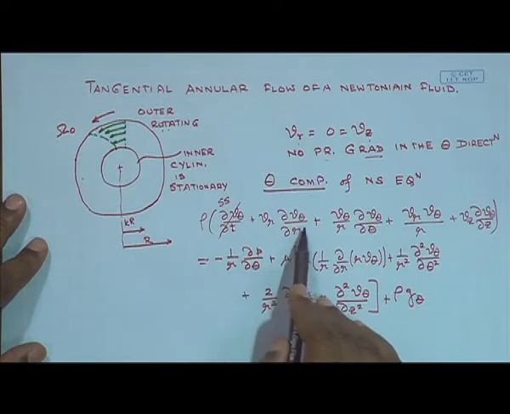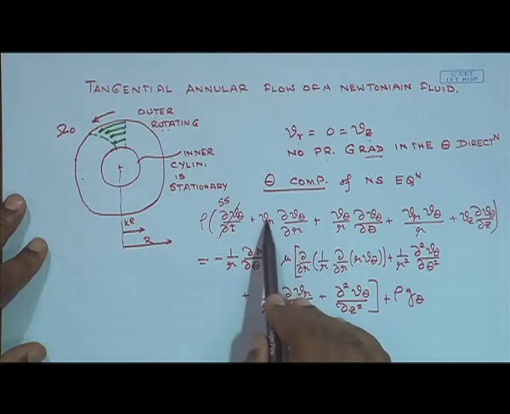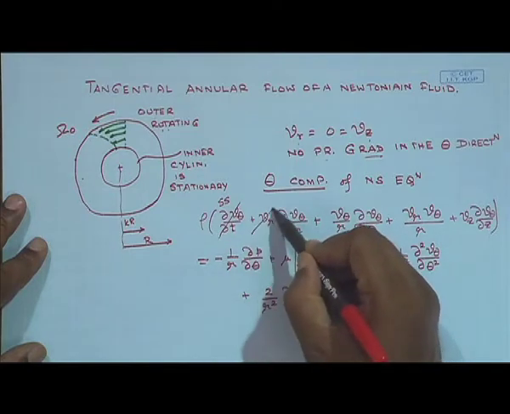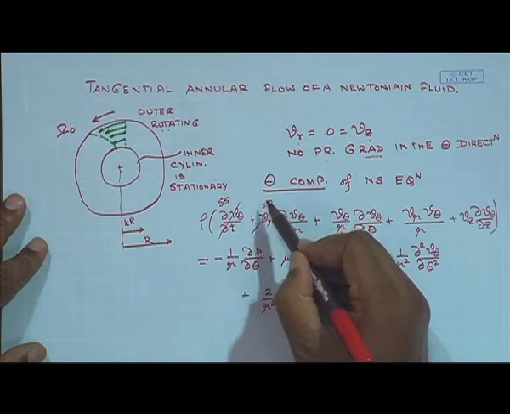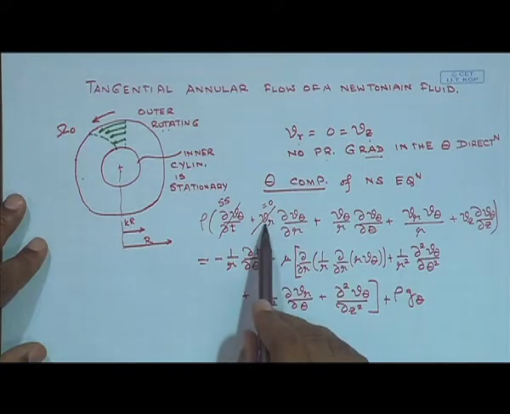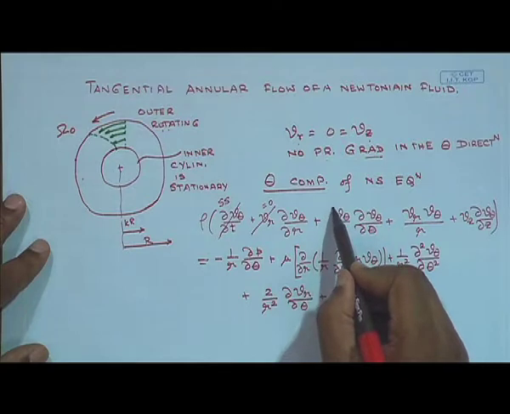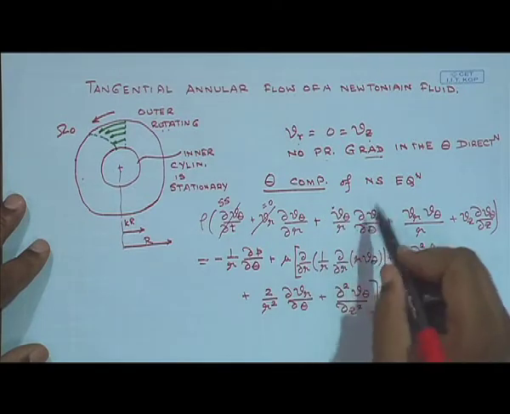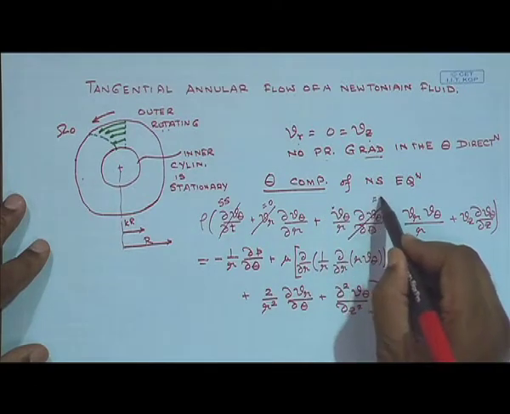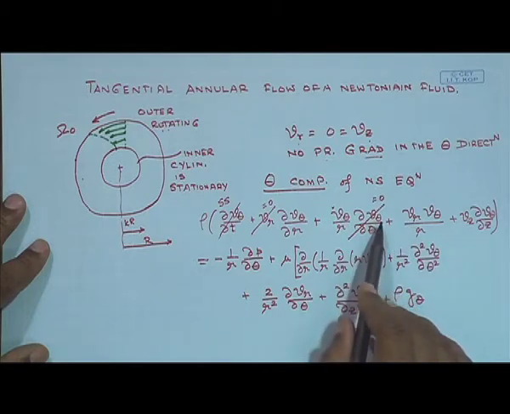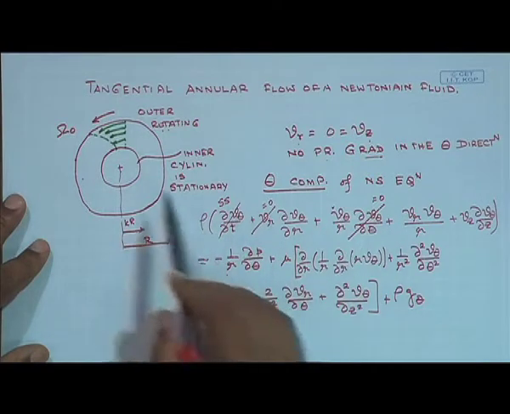Come to the next term, v theta, variation of v theta with r, and I have a vr in here, but there is no velocity in the r direction, so vr would be 0. Here v theta is non-zero, but del v theta del theta is equal to 0, which is a statement of the fact that the velocity is not a function of theta.